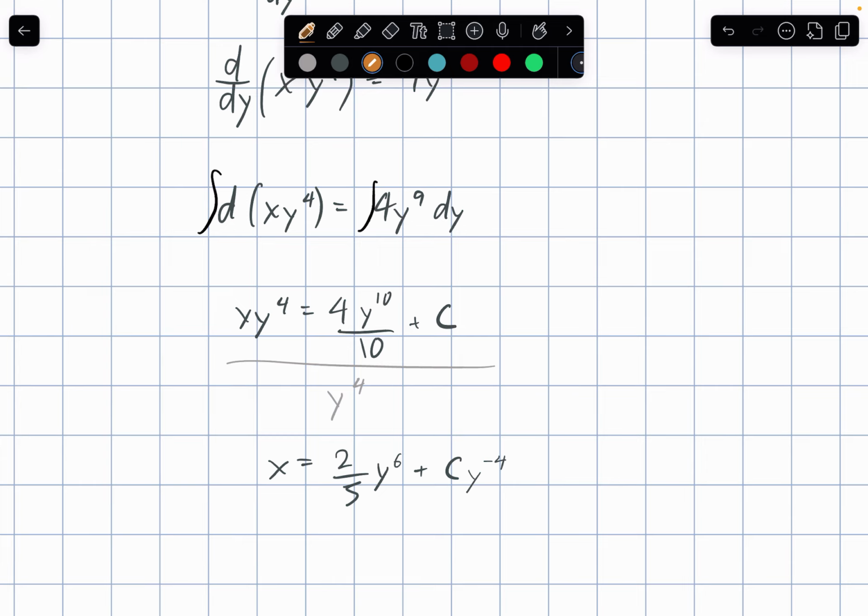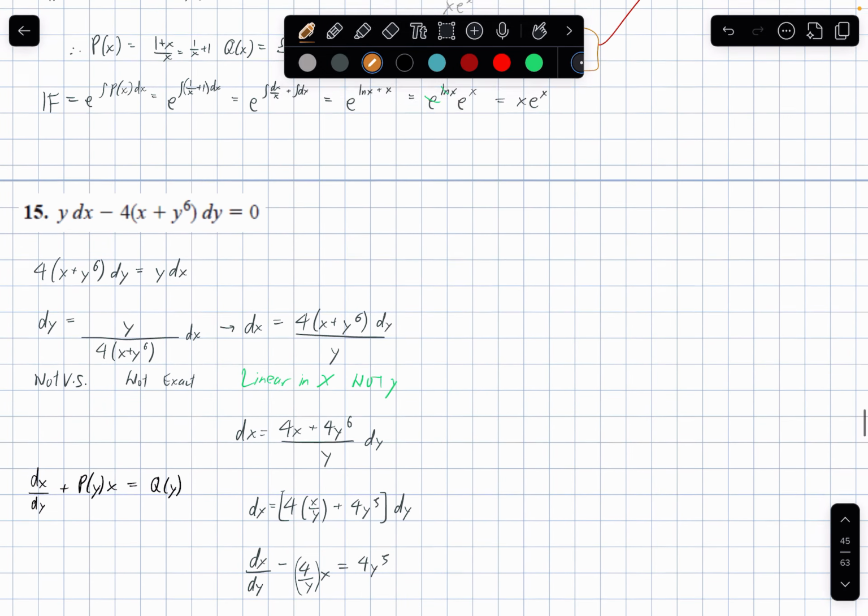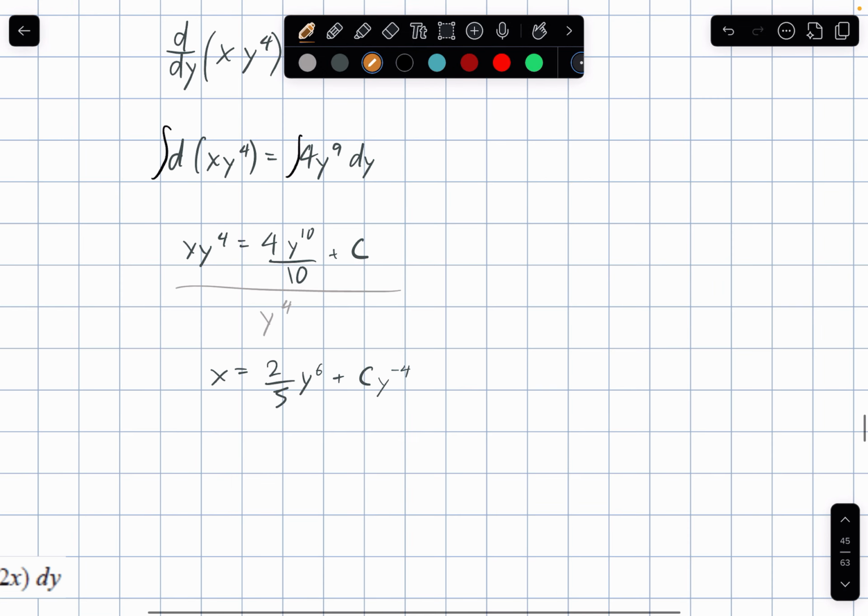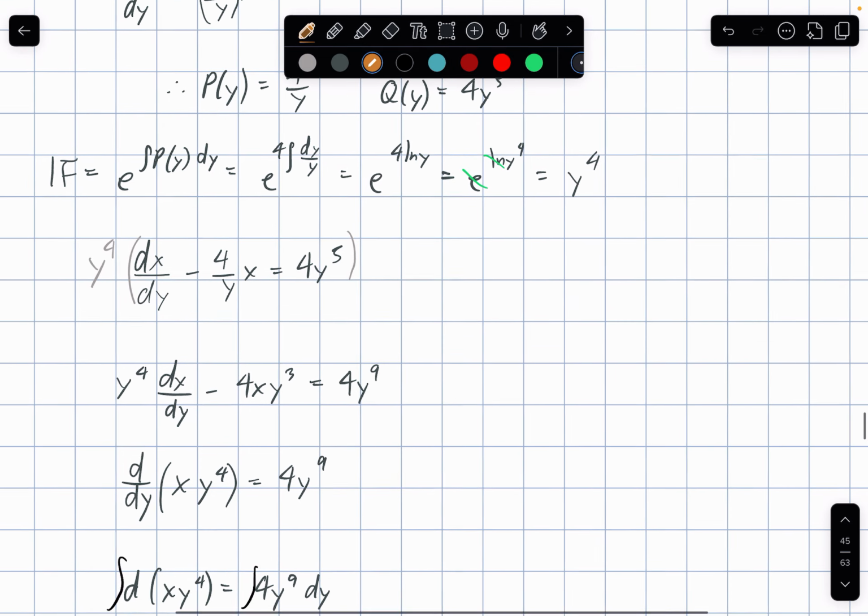Let's verify. What number is this again? Number 15. That's interesting. Where did y raised to 9 come from?